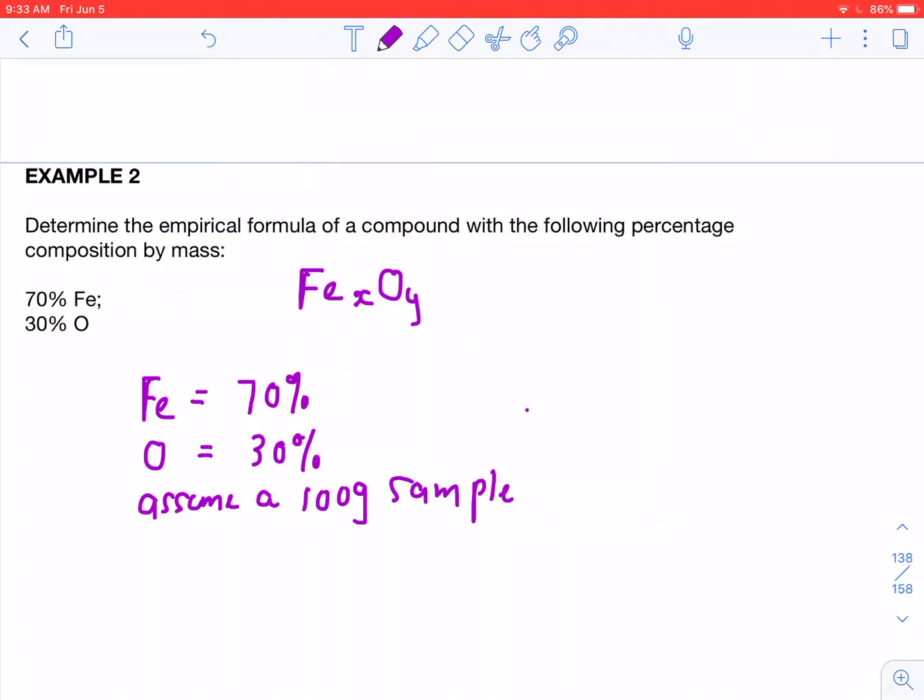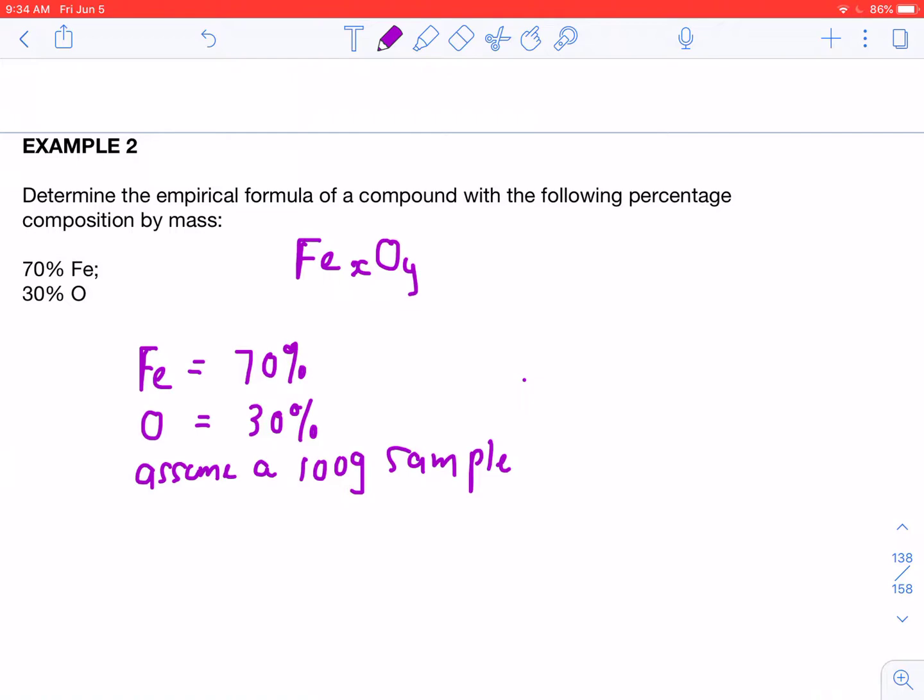So if we assume a 100-gram sample, we then have 70 grams of iron, Fe, and 30 grams of oxygen.